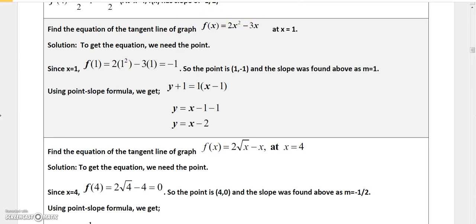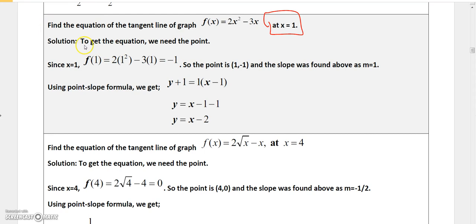So here, remember we learned earlier that this says find the equation of the tangent line of this function at x equals 1. Okay, well remember, first of all, you want to find the slope of that tangent line. So take the derivative, and remember the derivative is 4x.